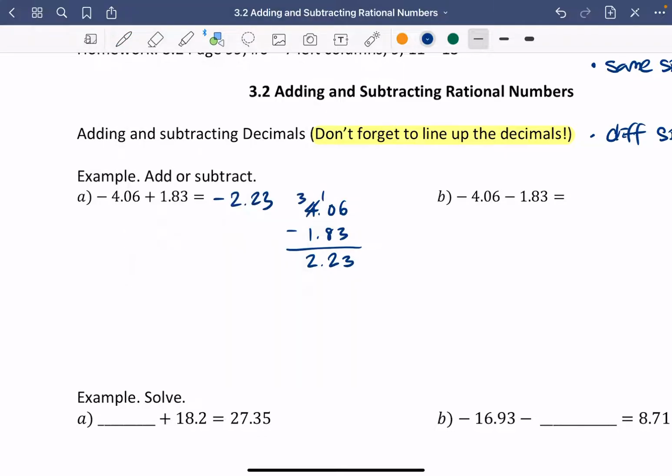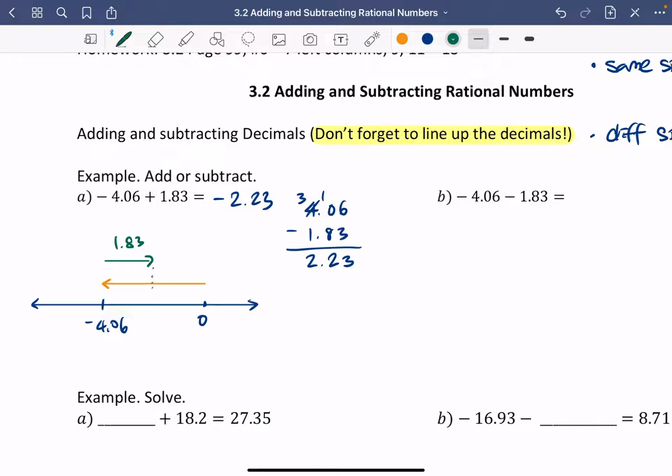Okay, so another way to look at this question will be using a number line. Let me show you. So let's say this is 0, this is negative 4.06. And so from 0 to negative 4.06, it's represented by this orange arrow. And negative 4.06 plus 1.83 will be going to the right by 1.83 units.